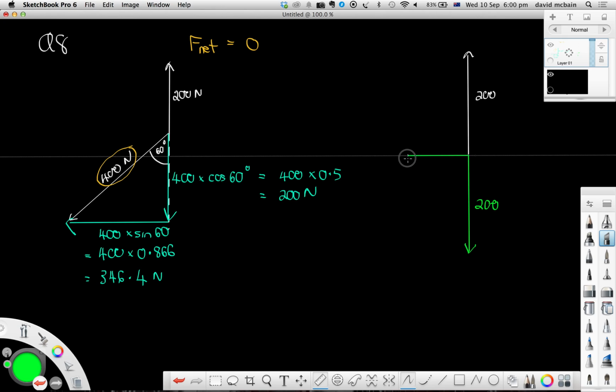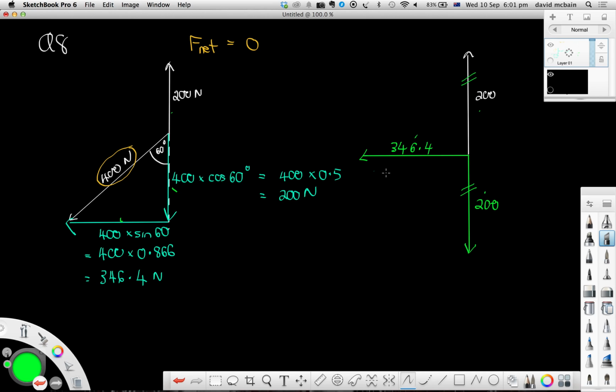So another force acting that direction, which is a little bit longer actually, it's 346.4. So, that force there is this force here, that one there is that one there, and that one there is that one there.